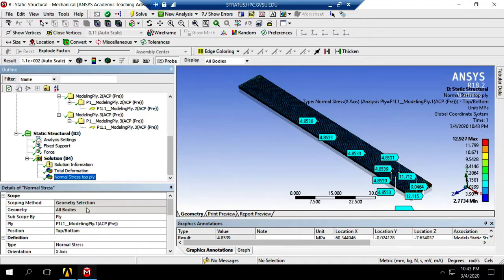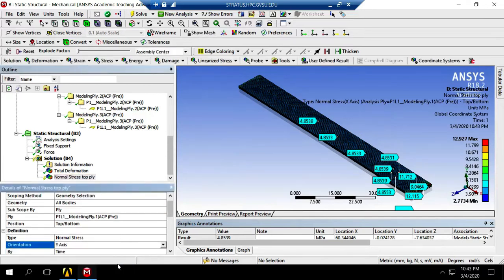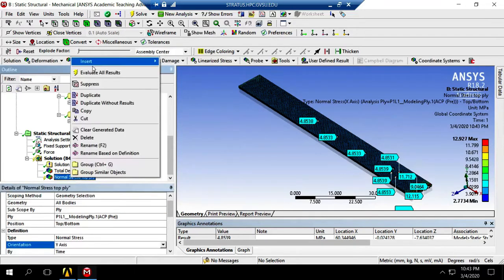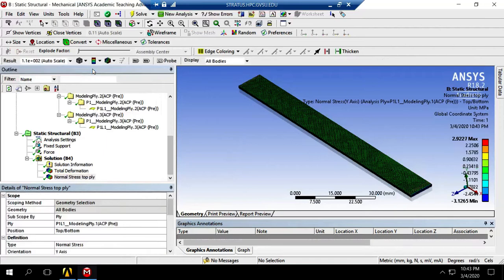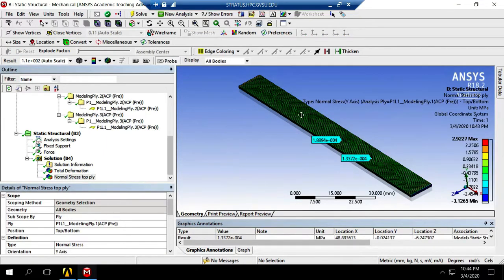If you want to look at the stresses in y direction, you can do that too. It's not going to be substantial, and you see that's almost zero. I have some stresses. The max happens at the boundary condition here. The stresses at boundary condition and left fixed support are going to heavily depend on the way you are modeling that corner.